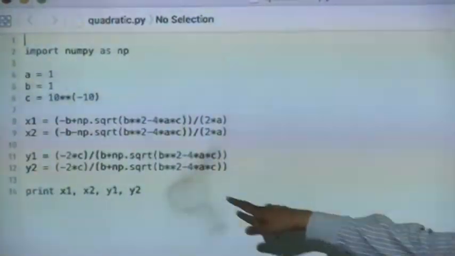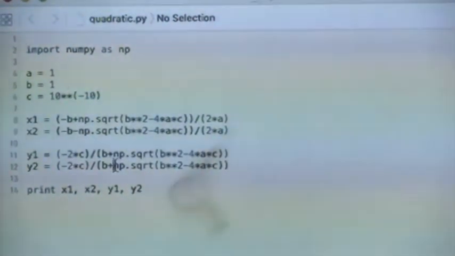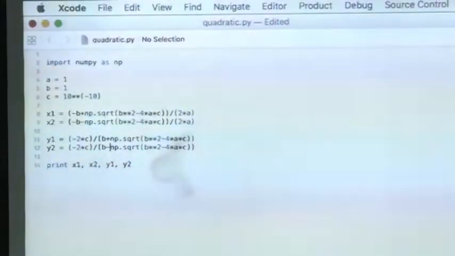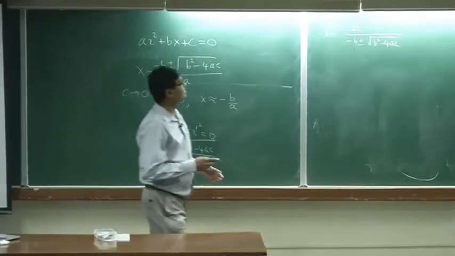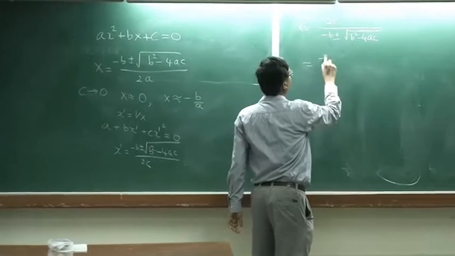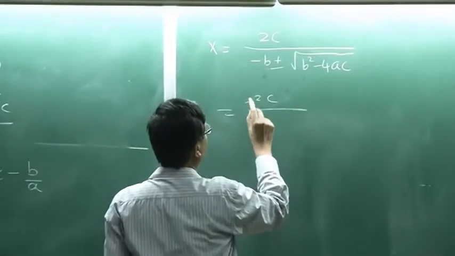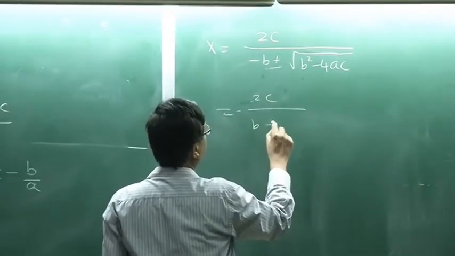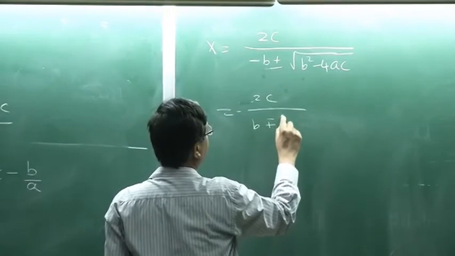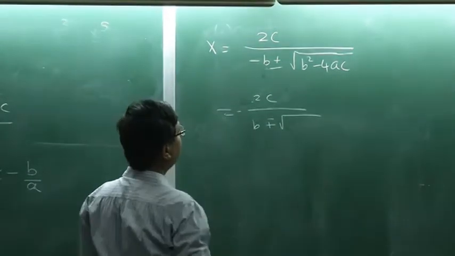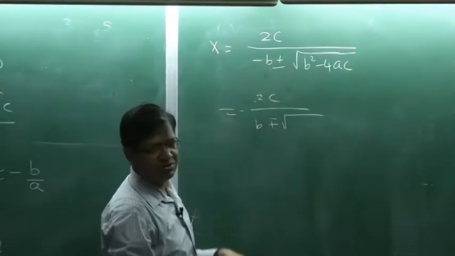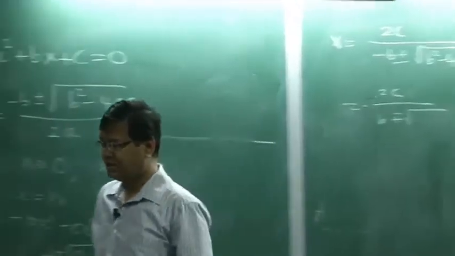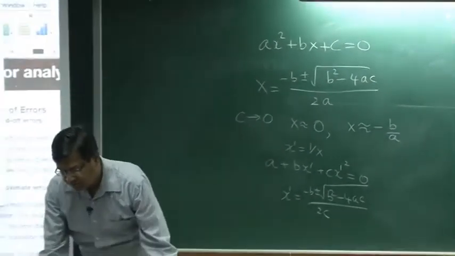So there should be a minus sign here: minus 2c, I have taken the minus sign outside, so minus 2c divided by b plus or minus the square root. So let us run it.